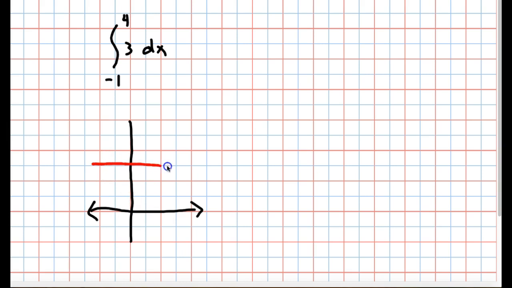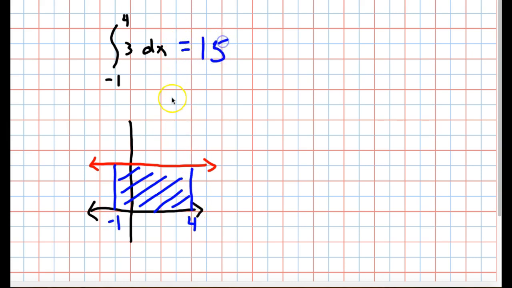It's just this horizontal line here. And we are evaluating this from -1 all the way up to 4. So I'm finding the area of this rectangle. The height of this rectangle is 3. Its width would be 5, the difference between -1 and 4. So 5 times 3 gets me that this is equal to 15.